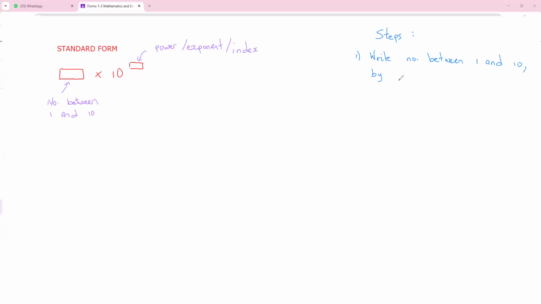So write the number between 1 and 10 by placing decimal points after the first non-zero digit. So you write down the number between 1 and 10 by placing the decimal point after the first non-zero digit.